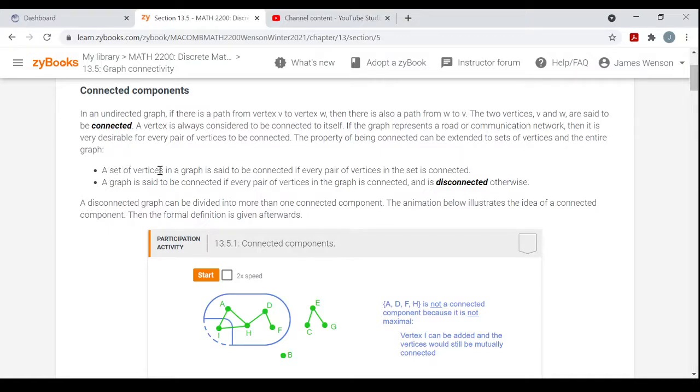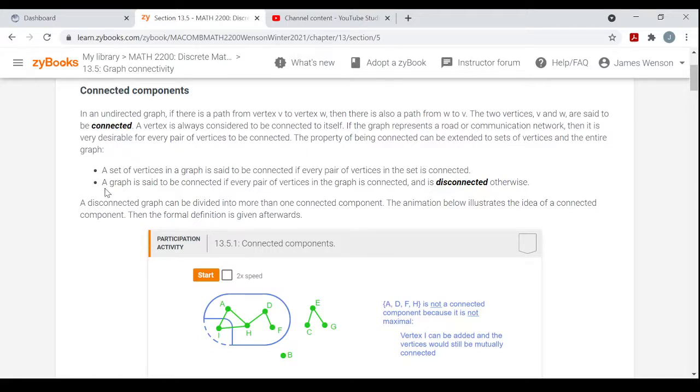A set of vertices in a graph is said to be connected if every pair of vertices is connected. So you pick any two vertices in the vertex set, or in whatever set of vertices you're looking at. If every pair of vertices has a path between them, then the set of vertices is called a connected set.